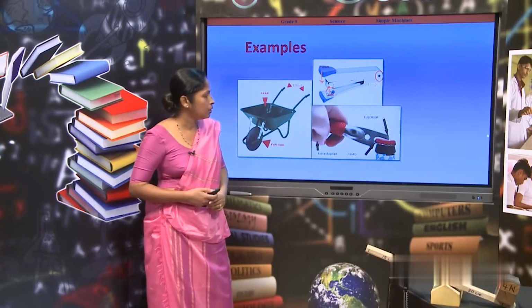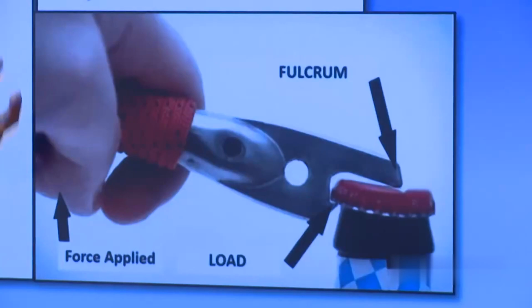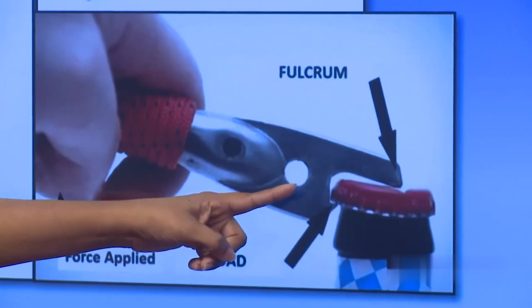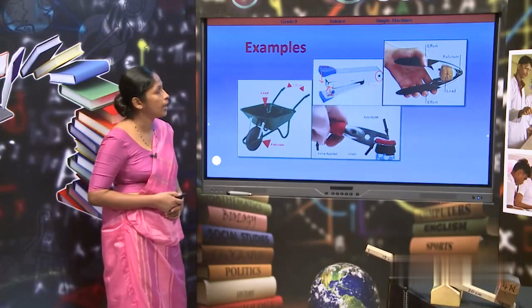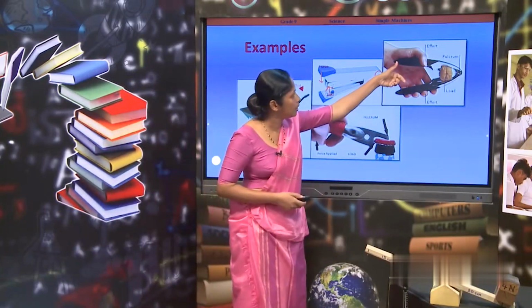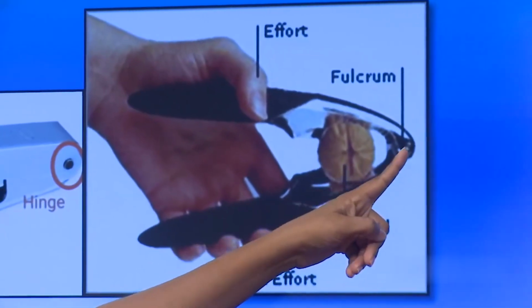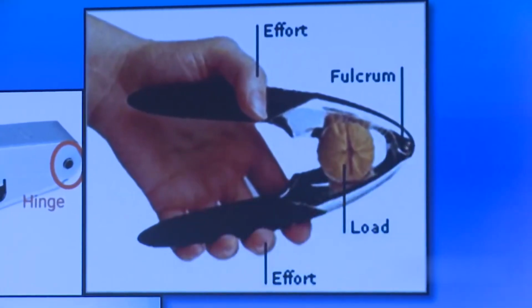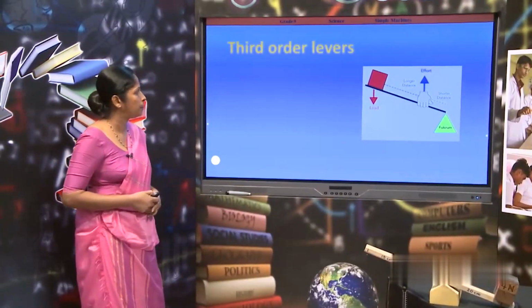Removing the lid of a fizzy drink bottle: force applied, load and fulcrum. A nutcracker: effort is exerted, and here is the load in the middle of fulcrum and effort. Third order levers.